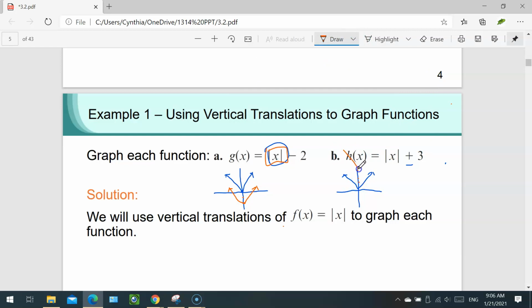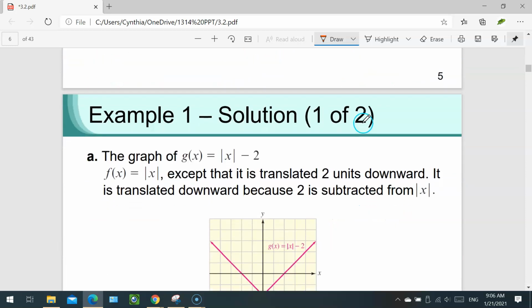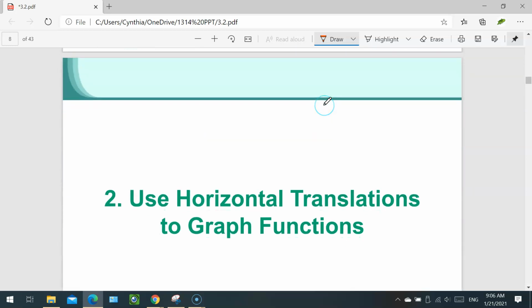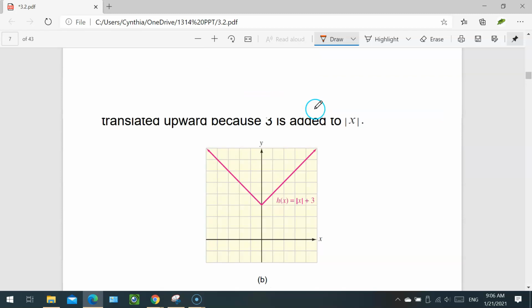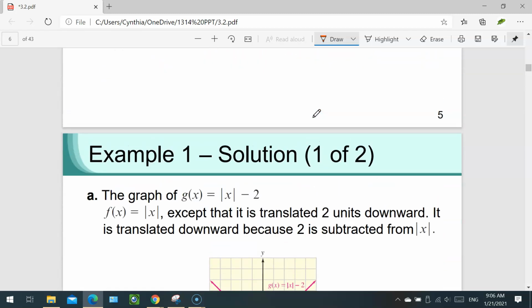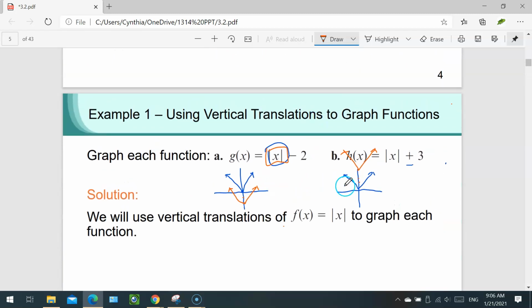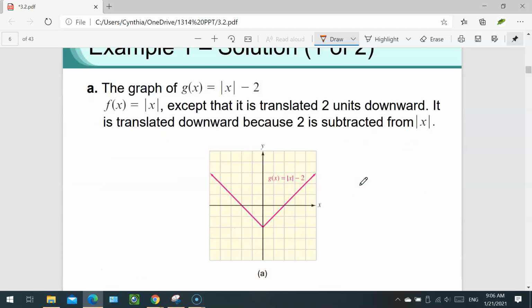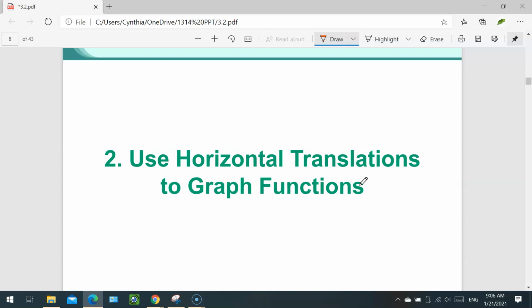The new V shape will be facing up. It will shift 3 units up, and the shape remains the same. So the first two examples here are vertical translations. Vertical. Now we are going to work on horizontal translation.